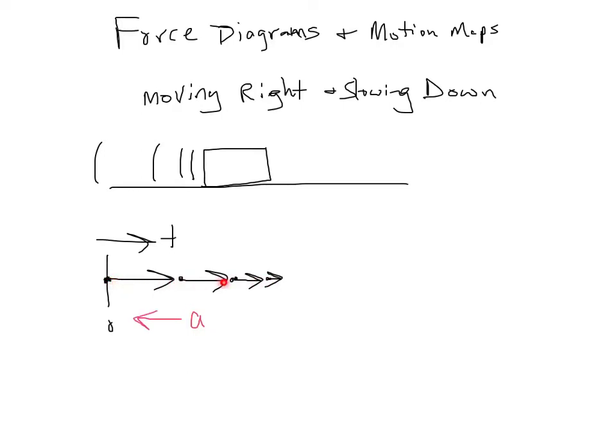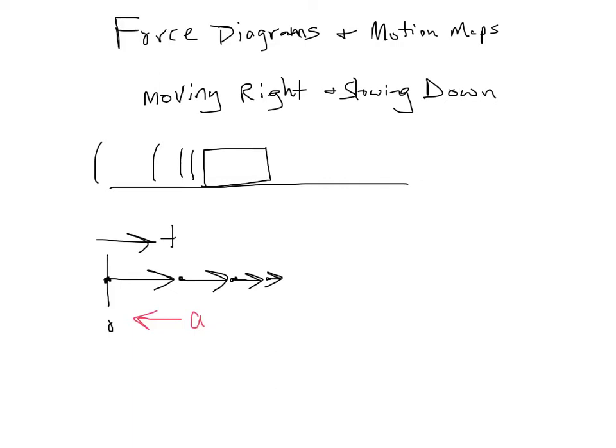It's slowing down, moving to the right, which means the acceleration is opposite the direction of its velocity. So we have an acceleration. Now we have to answer the question: are these forces balanced or unbalanced? Well, if we do have an acceleration, then the forces have to be unbalanced.